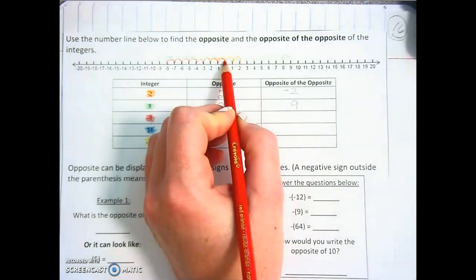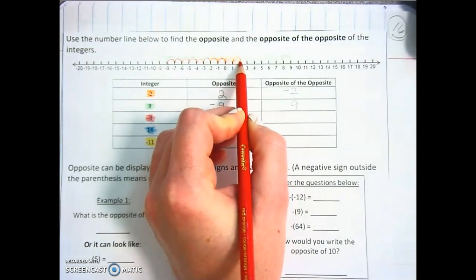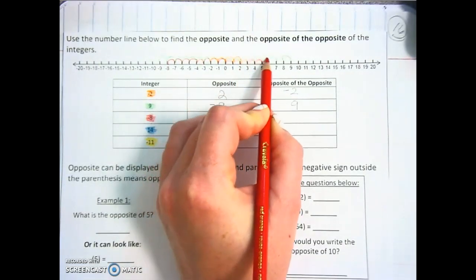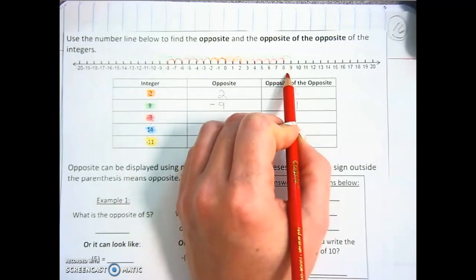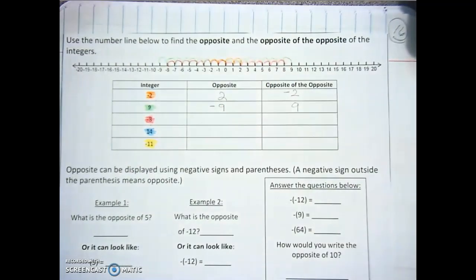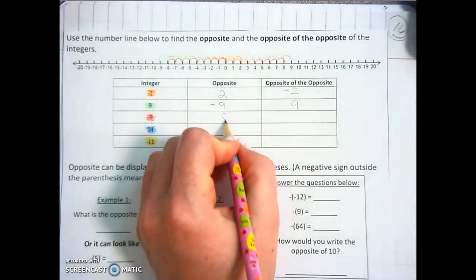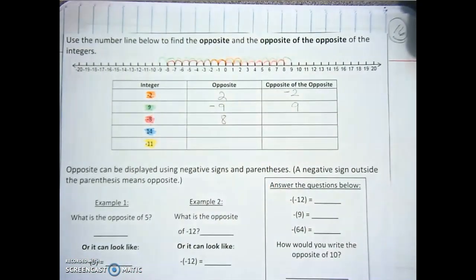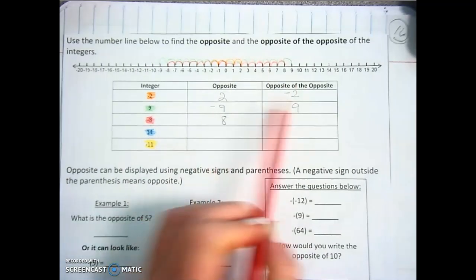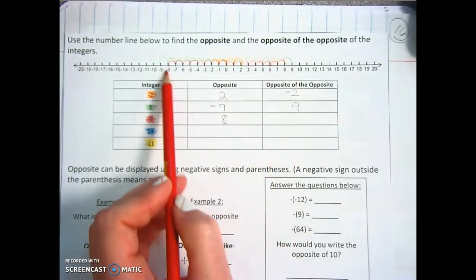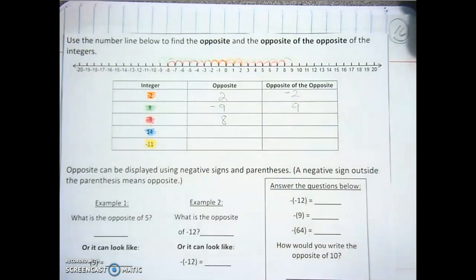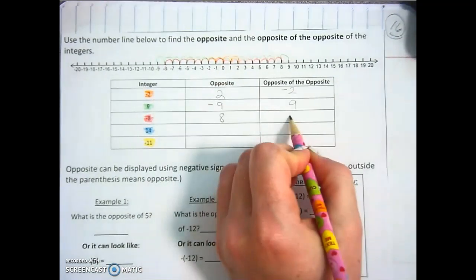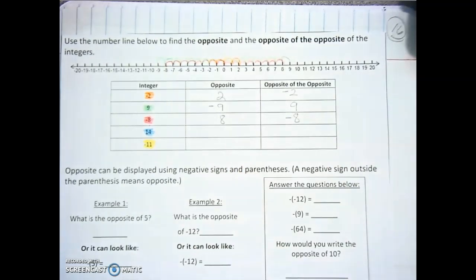So I'm going to count 8 spaces. 1, 2, 3, 4, 5, 6, 7, 8. So the opposite of -8 is +8. What's the opposite of +8? Well, the opposite goes back to -8. So the opposite of the opposite goes back to the original integer, which is -8.